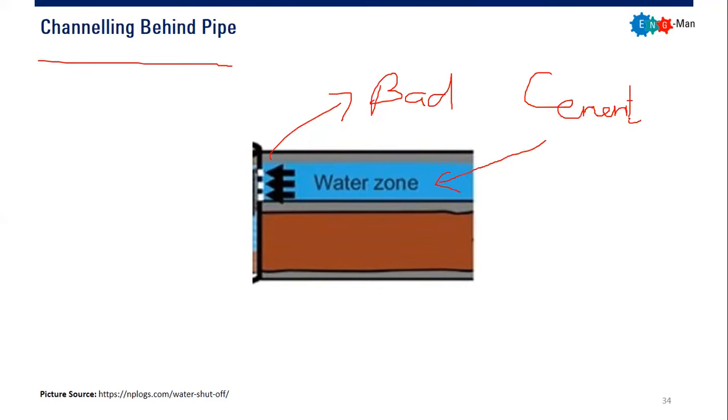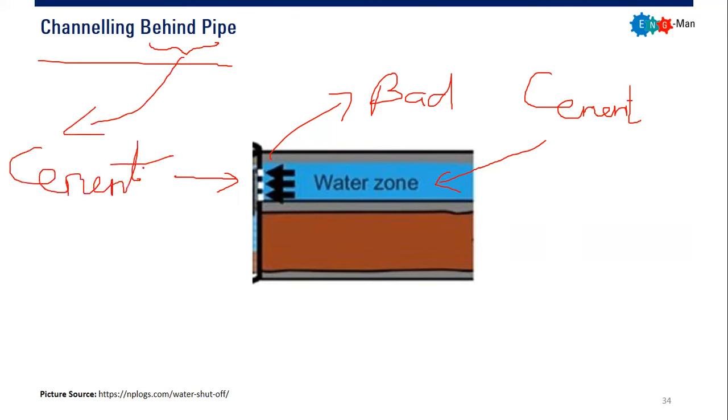Okay, the flow goes from the water zone across the microchannels throughout the cement sheath, the cement layer, to your perforation. So it's channeling, but the channeling occurs behind the pipe, in other words at your cement sheath or cement layer.